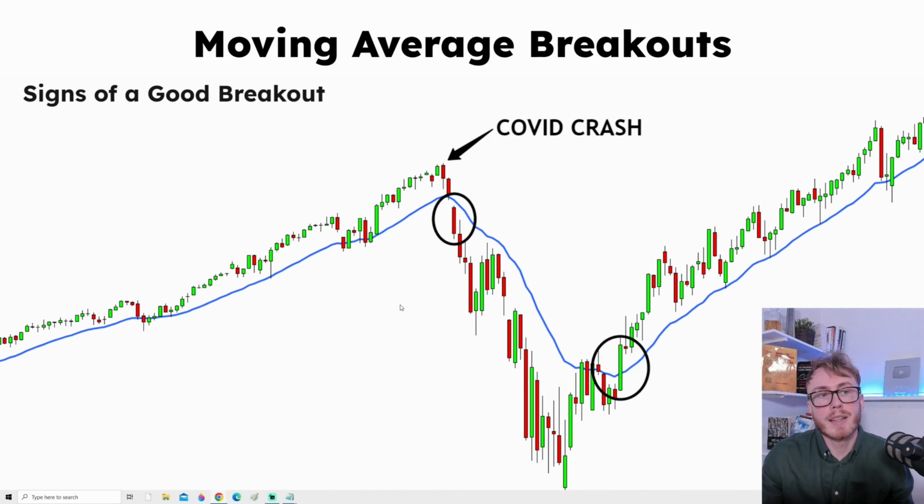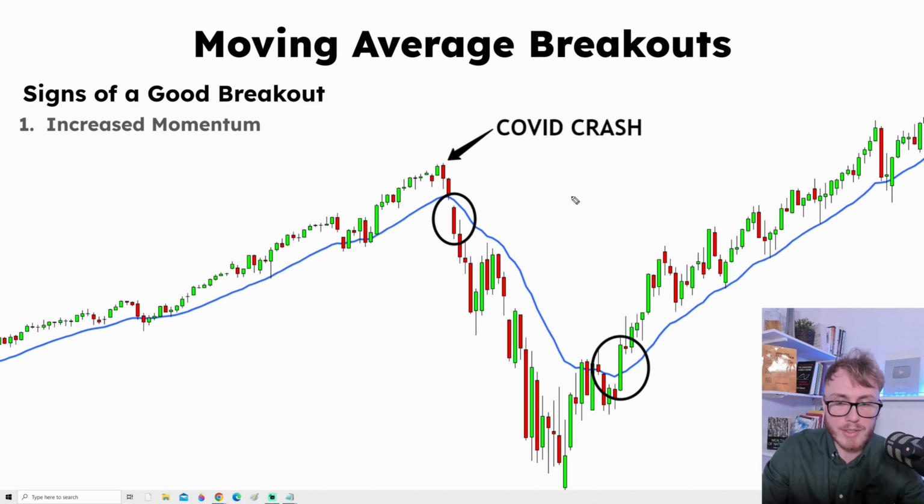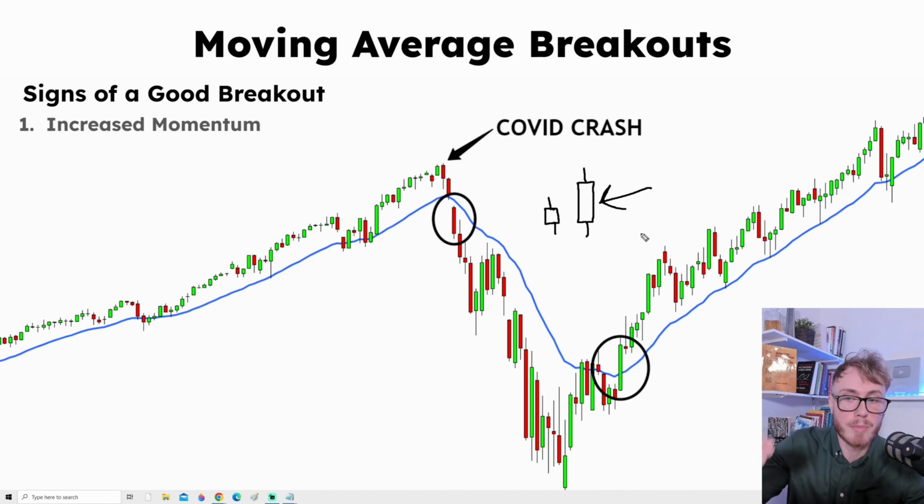But now, in order to find good breakouts, we need to look out for certain signs. And the very first sign we need to look out for is increased momentum. One simple way to measure momentum is to measure the real body of the candle. So if you, for example, take a look at this candle right here compared to this candle right here, this candle has much more momentum.